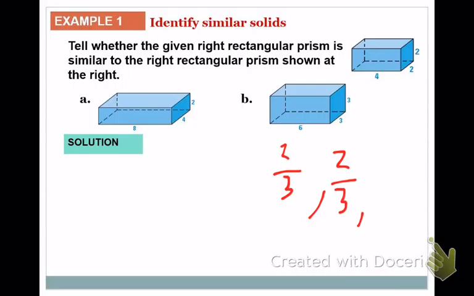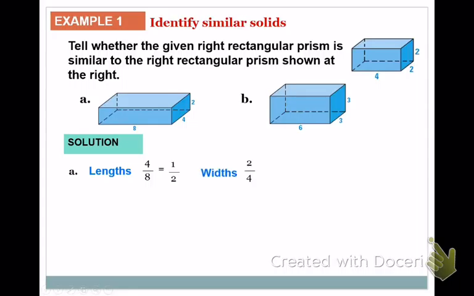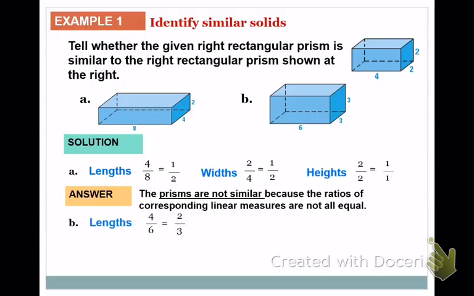And here we have 4 to 6, right? 4 to 6 is equal to 2 to 3. So do they all have the same ratio? Yes, they do. So these two would be similar. B and the model are similar. Any questions? So that's just going through step by step what we did. They're not similar, and then these two are similar.